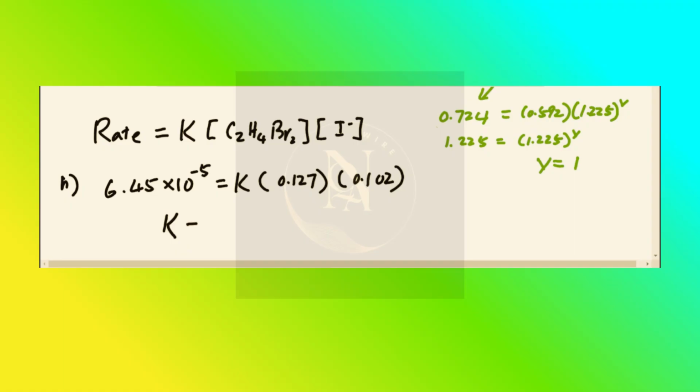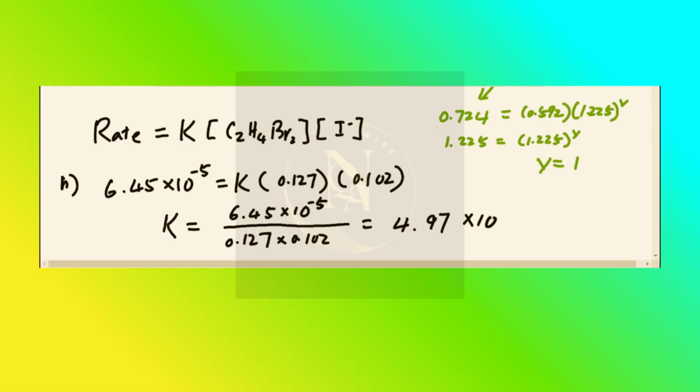So you solve this, k will be 6.45 times 10 to the power of -5 divided by 0.127 and 0.102. So that will give you the k constant at 4.97 times 10 to the power of -2. Okay, so that is the rate constant k.